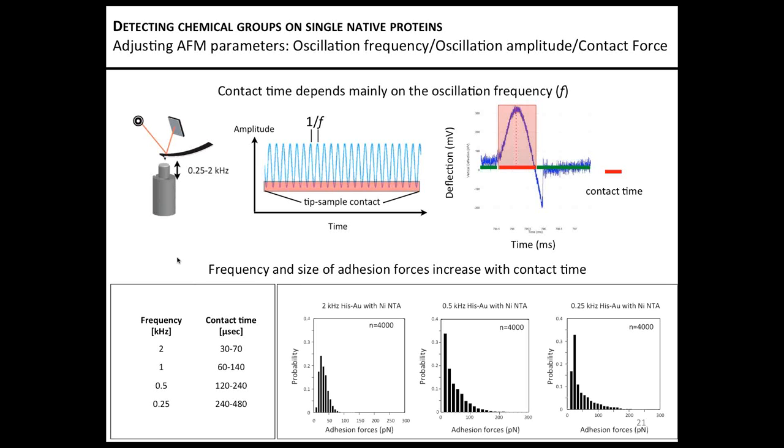So for this model system that we have, a gold-coated surface with a HisTag and a modified AFM probe with a nickel NTA group, what we can see immediately is that if we measure at 2 kilohertz, which is giving us quite a short contact time, we're only seeing adhesion forces which range from 0 to about 70 piconewton. So these can be related to unspecific adhesions, which are just due to the contact between the tip surface and the support.